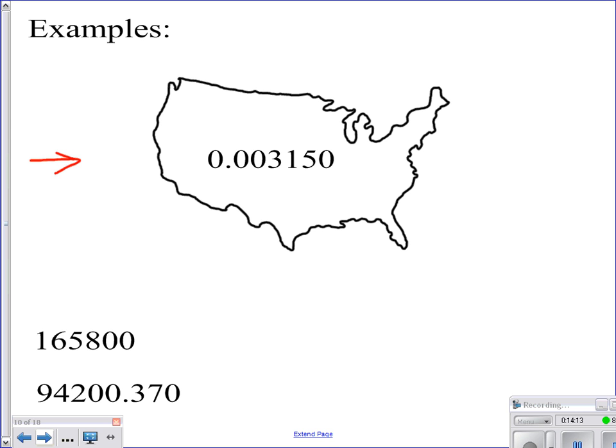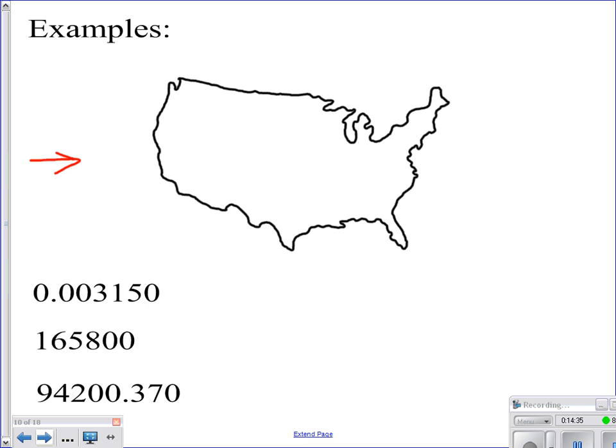I'm starting at the Pacific Ocean because that decimal point's present. I'm always going to start at my first non-zero number. So what number is that going to be? The 3. And I keep counting until I fall off. So how many significant figures do you have? 4 significant figures in that example.